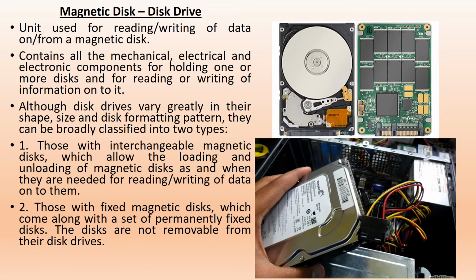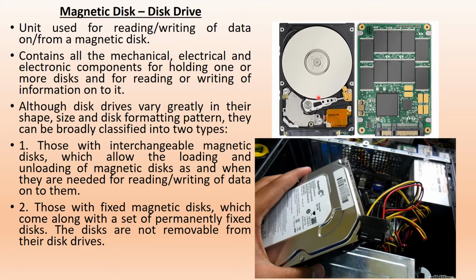All right, so disk drive. This is going to be our next topic. What are disk drives? A disk drive is a unit used for reading or writing data on or from a magnetic disk. Over here we have the example of a hard drive. This hard drive is plugged in here, and you can see different cables to read and write data from the drive.